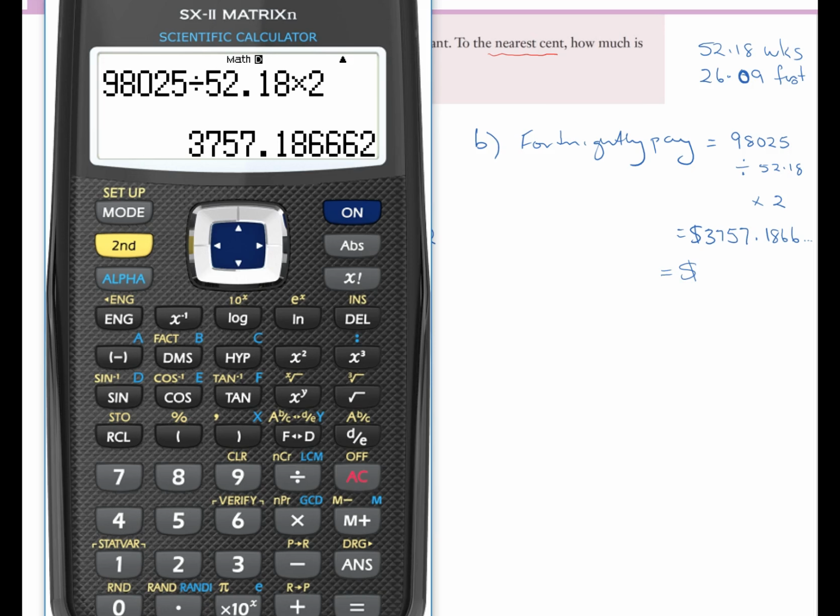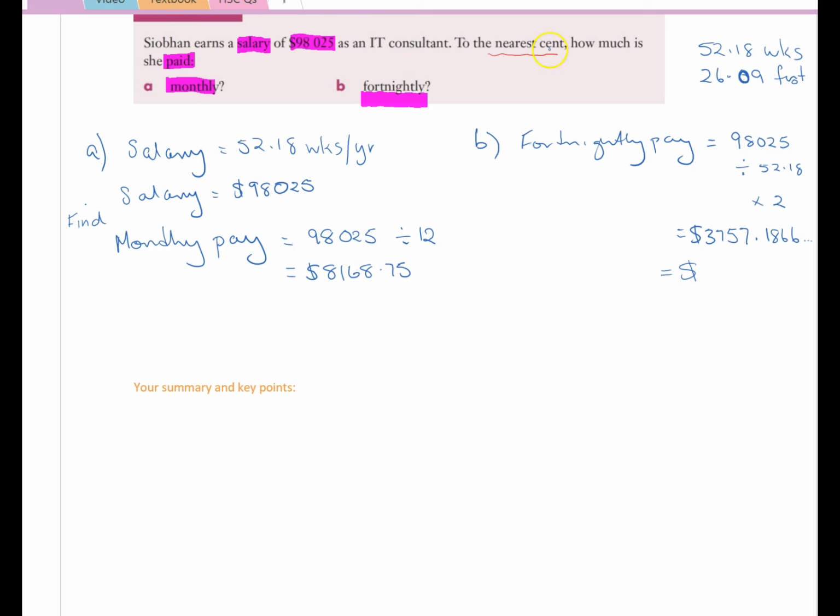Now remember that the question said find to the nearest cent. So we would have 3757. This is a little more than 18 cents. If it was cut off there, it would be 18. However, we're cutting off a 6.